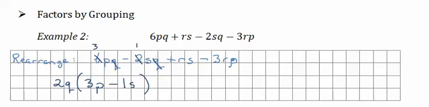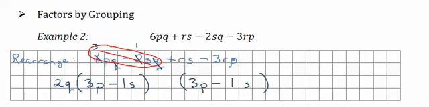Right, so next we're going to have a look at factorizing the second 2 terms. So now I'm going to forget about this stuff here for a second, and jump into the second 2 terms. Okay, now the trick here is to try and get the same bracket as 3p minus 1s. Alright?